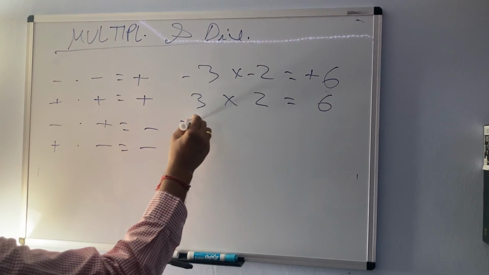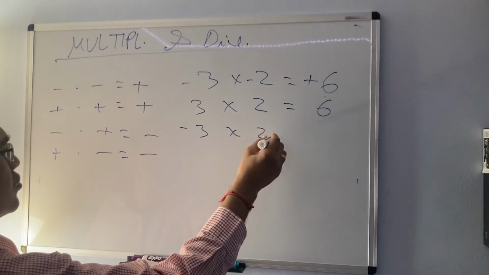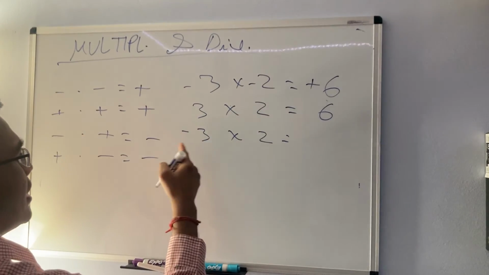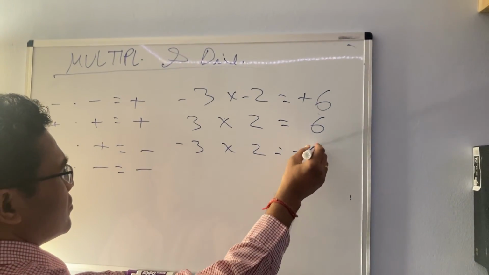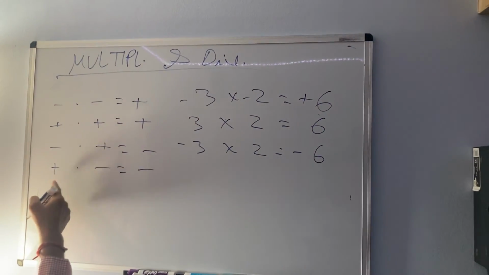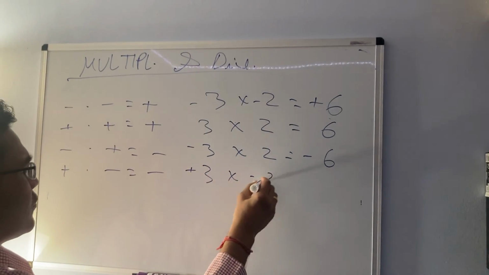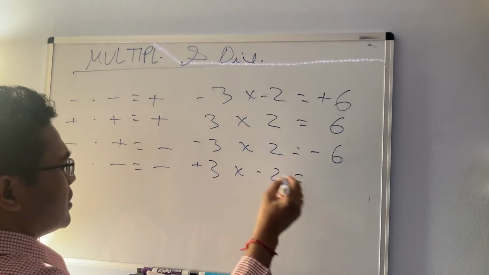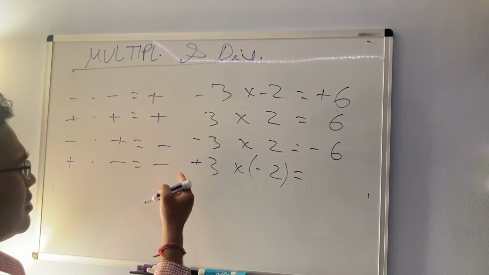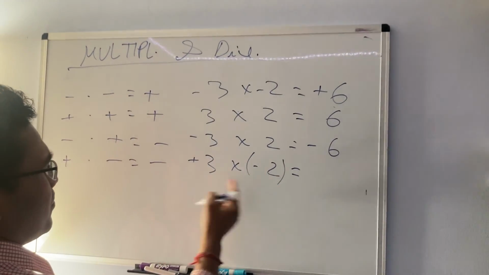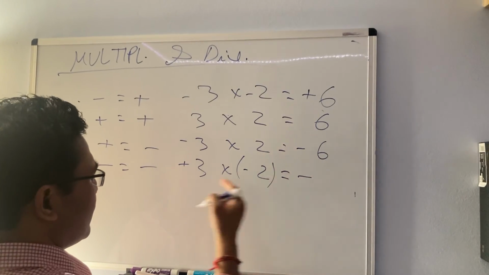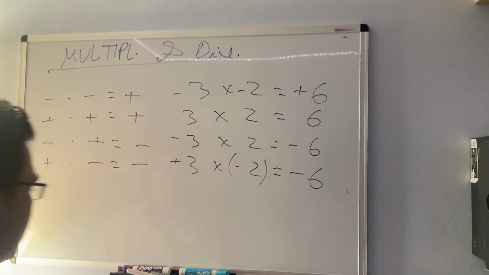Now let's look at negative 3 times 2, which is negative times positive, so negative 6. Let's look at positive 3 times negative 2. In this case, positive times negative is negative. 3 times 2 is 6, so negative 6.